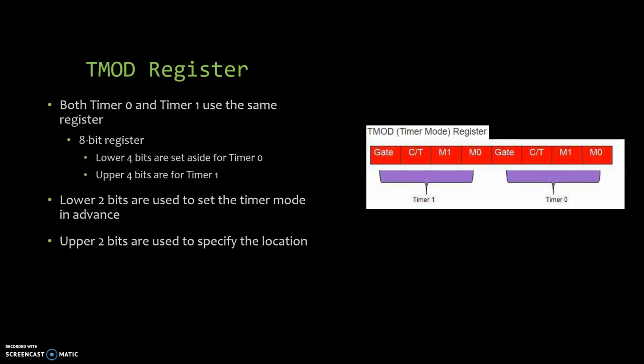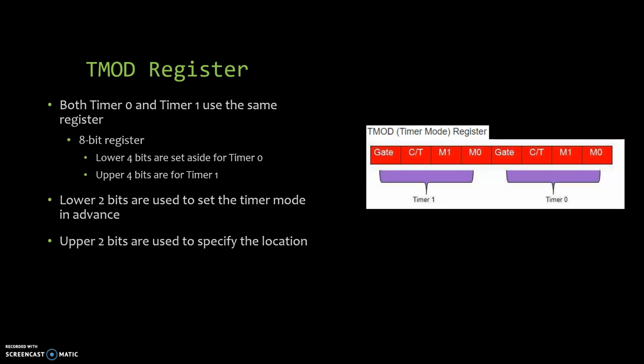Next is the timer mode register, or TMOD. Both timer 0 and timer 1 use the same register to set the various timer operation modes. It is an 8-bit register in which the lower 4 bits are set aside for timer 0 and the upper 4 bits for timer 1.